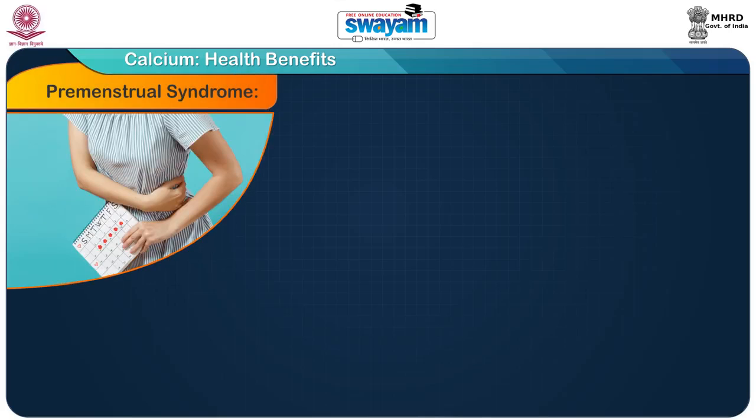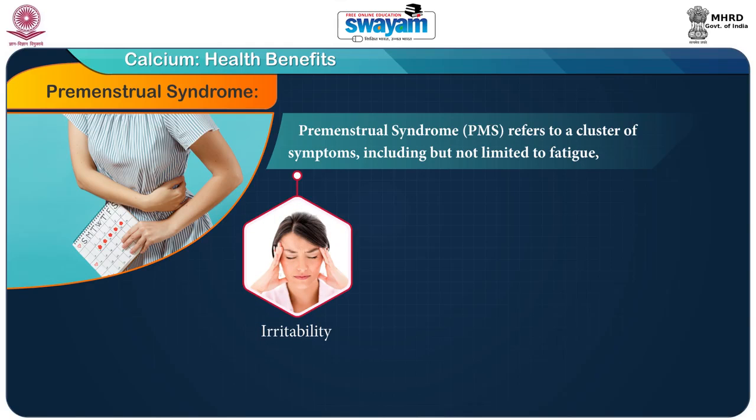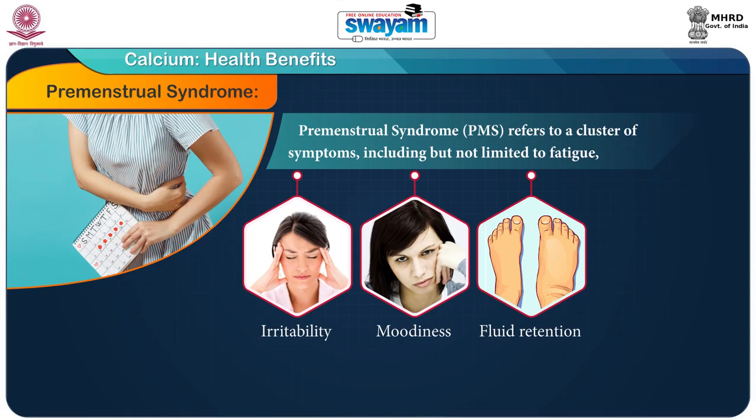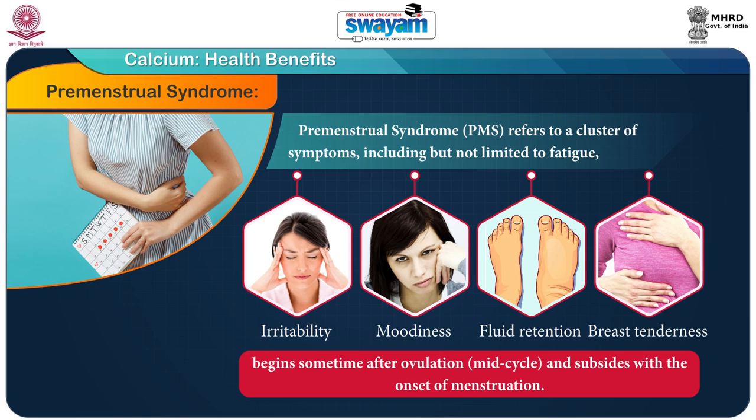Then coming to the role of calcium in taking care of premenstrual syndrome. Now, premenstrual syndrome refers to a cluster of symptoms that include but are not limited to fatigue, irritability, moodiness, depression, fluid retention and breast tenderness that begins sometime after ovulation, that is in the mid cycle, and subsides with the onset of menstruation.